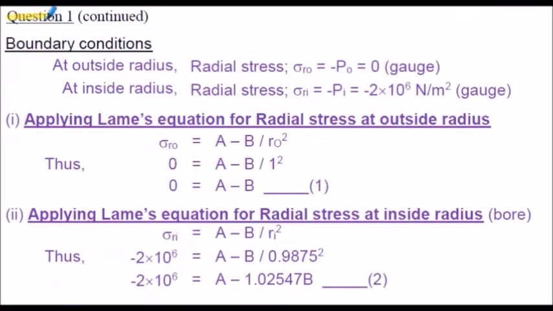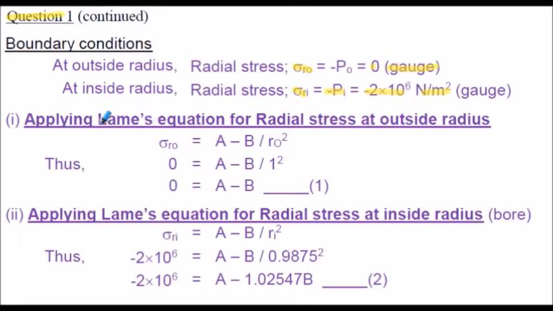So here's question 1. The boundary condition in this particular case: the radial stress at the outside surface would be 0 because there's no pressure applied to the outside surface, and the radial stress at the inside surface is equal and opposite to the pressure applied, so it would be negative 2 times 10 to the 6 newtons per meter squared. So we now have 2 locations across the pressure wall where we know the stress.